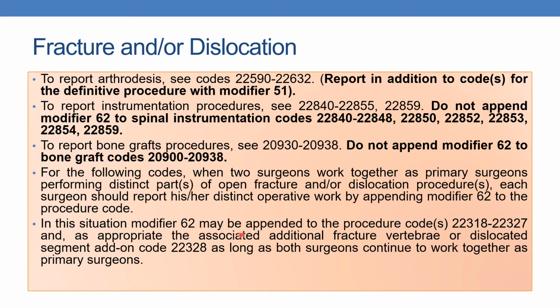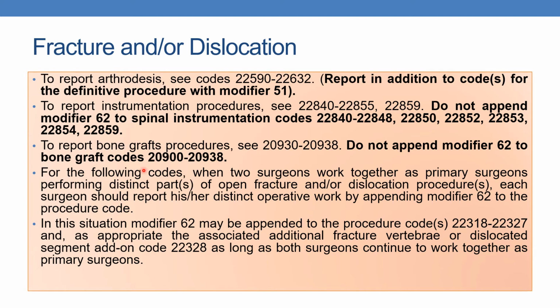In this situation, modifier 62 may be appended to the procedure codes 22318 to 22327 in this range, and as appropriate, the associated additional fractured vertebrae or dislocated segment add-on codes. They can also report modifier 62 with 22328 as long as both surgeons continue to work together as primary surgeons.